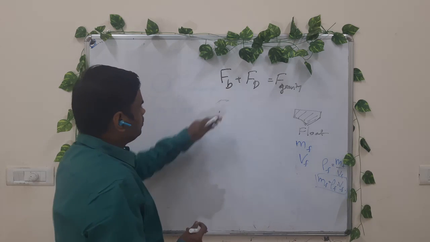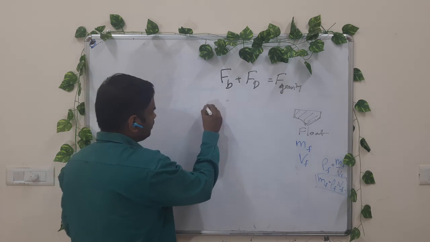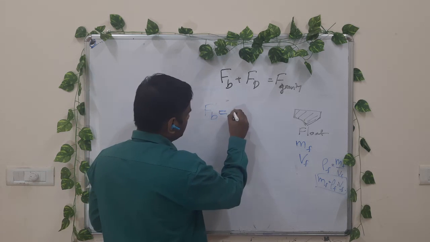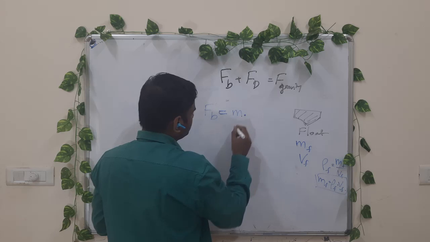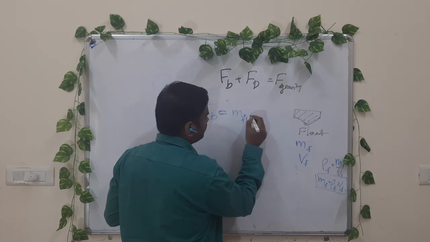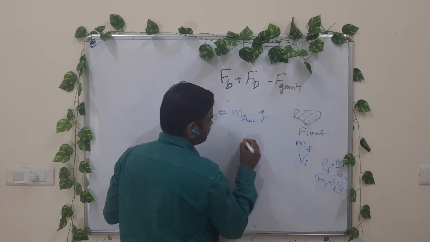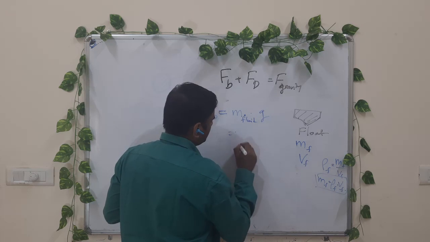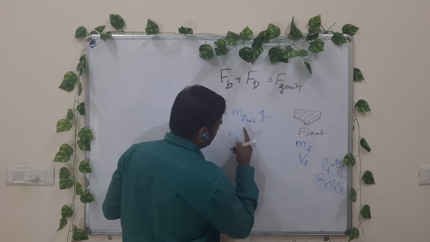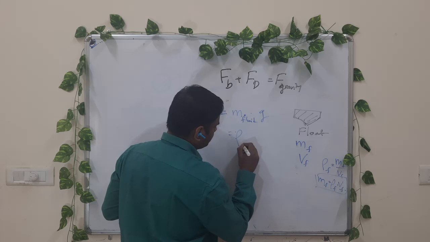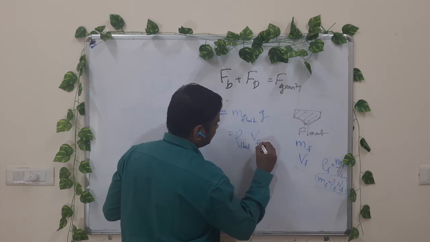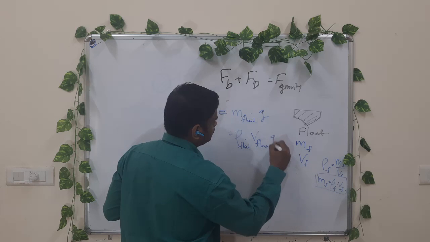Okay, now what is this buoyant force? So buoyant force is the mass of the fluid which is replaced by the volume, into g. Okay, so what is the mass of the fluid volume replaced? It is density of the fluid, because mass of the float is rho f Vf. Mass of the fluid replaced by it is density of the fluid into volume of the float into g.